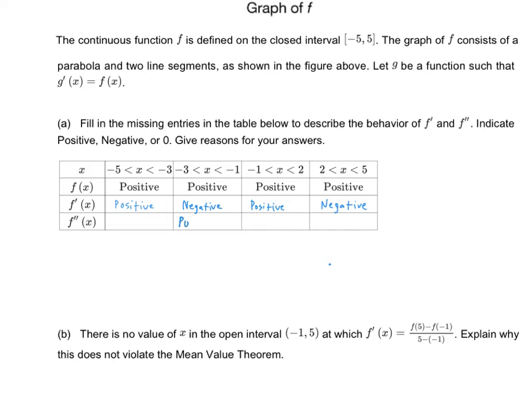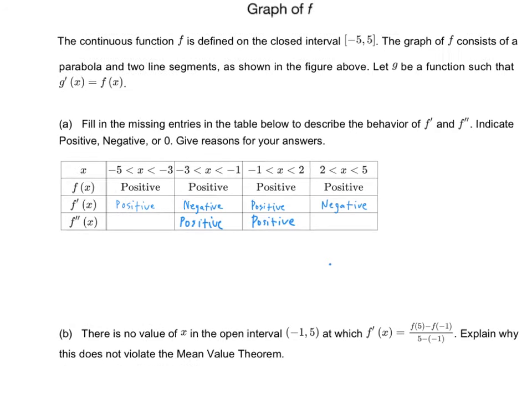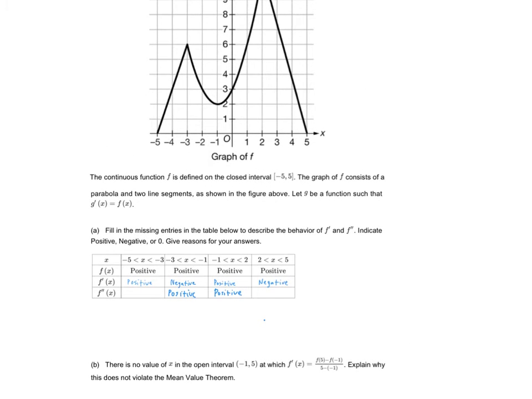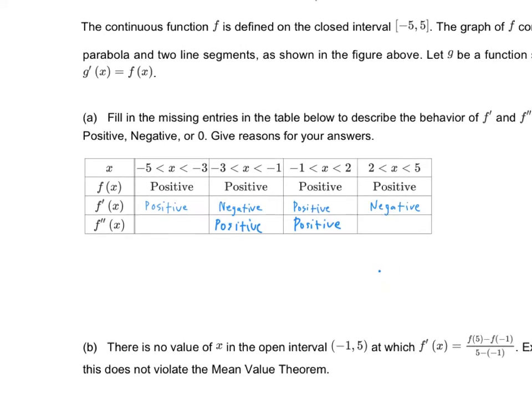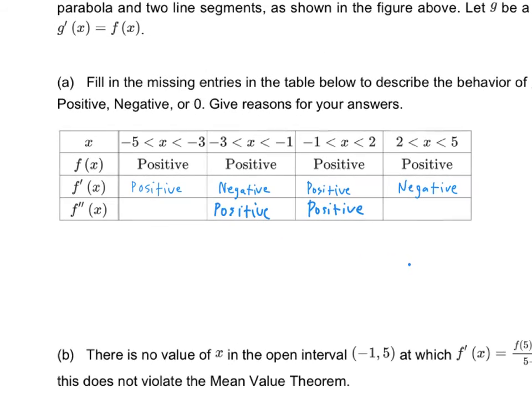So these will both be positive. And then on the outside where these are linear functions, those don't have concavity. Linear functions have no curvature, so there's no concavity. You can also think that if you took the second derivative of linear functions, they'd always be 0. And so that's what these are. These are 0.